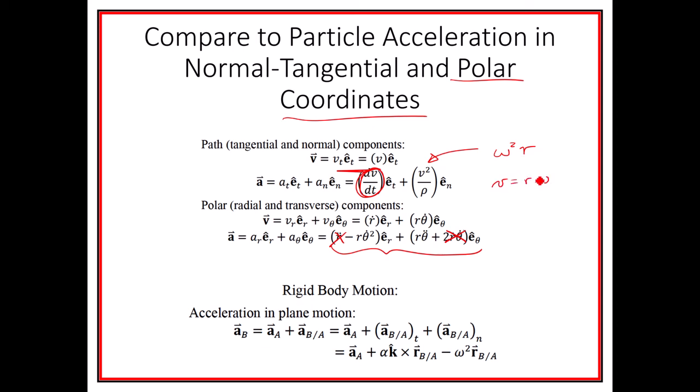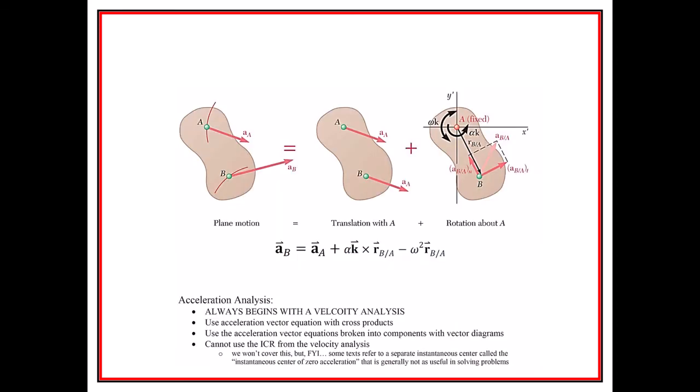If we were to square v, we would get r squared omega squared divided by r right there. One of the r's would cancel out, and we're left with this omega squared r. So just want to make this connection between what we already know.